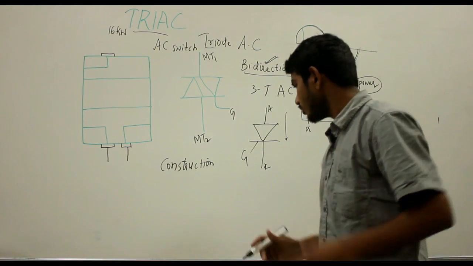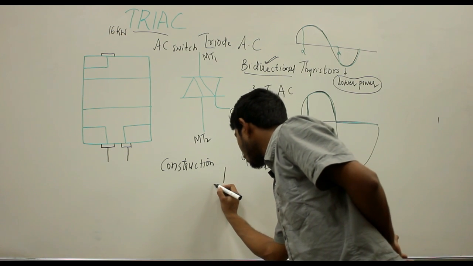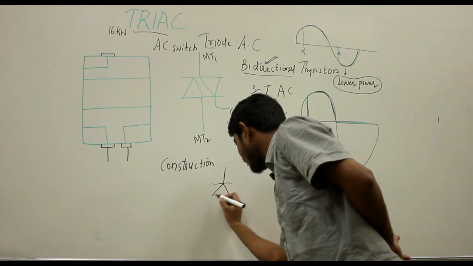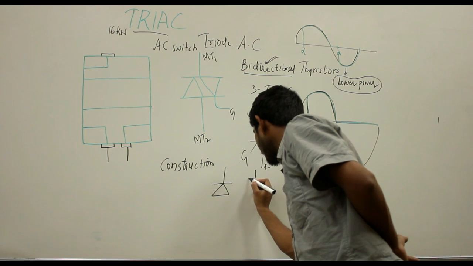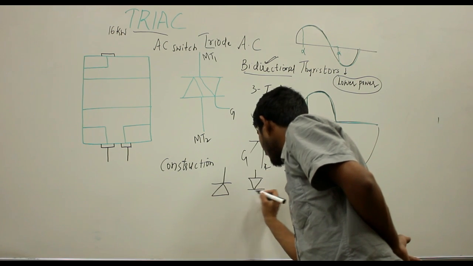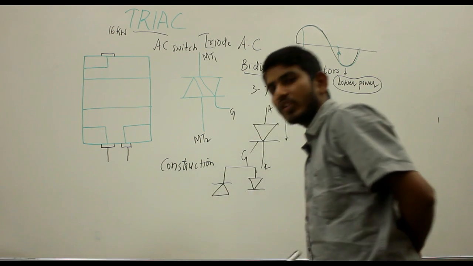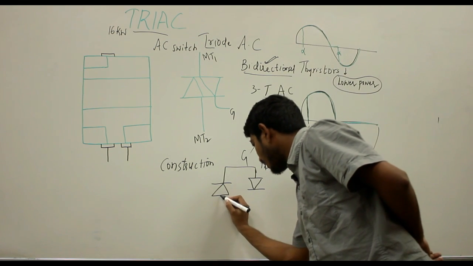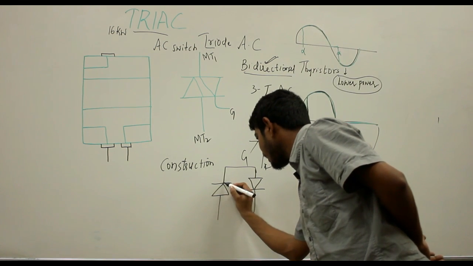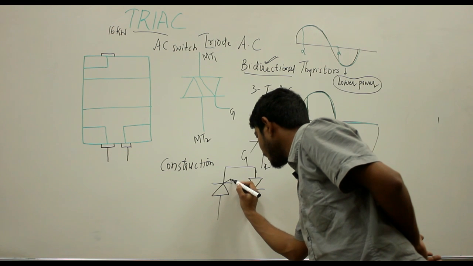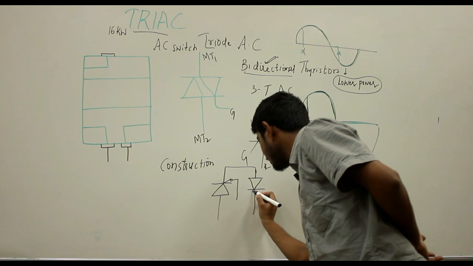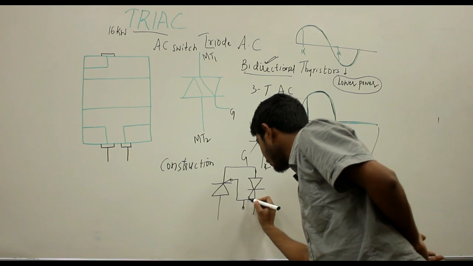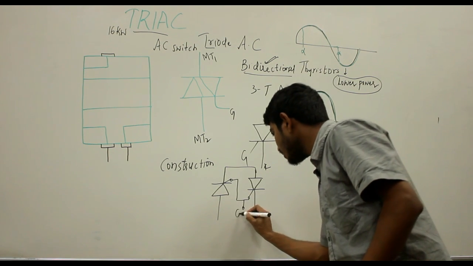So if I draw 2 thyristors, let me say this is one thyristor and here I have the other thyristor. They are connected in inverse parallel with the gate circuit common. If this is my gate terminal here and this is my gate terminal here, they are connected to a common gate terminal.